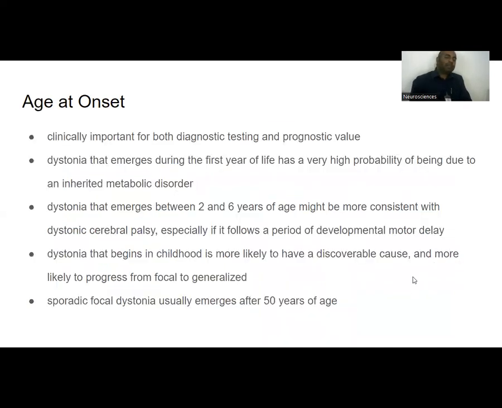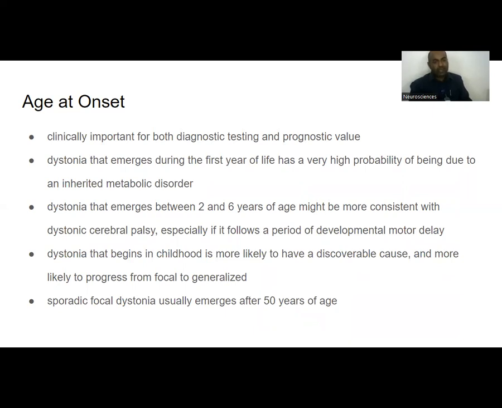So coming to the age at onset, clinically, the age at which dystonia starts is important for both diagnostic testing and prognostic value. For example, if the dystonia is emerging during the first year of life, then it's very high probability of being due to an inherited metabolic disease. If dystonia emerges between 2 and 6 years of age in the background of some developmental delay, it's more likely to be a dystonic cerebral palsy.